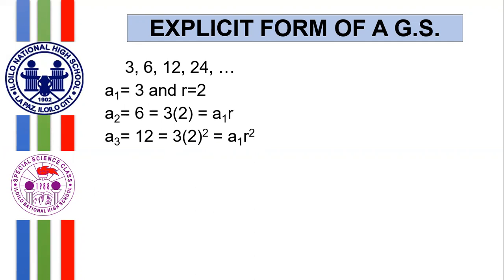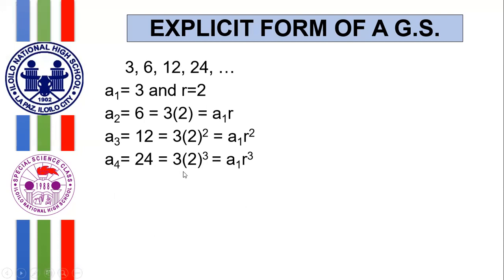If you have the fourth term, which is 24, from the first term, how many times did you multiply the common ratio? You have times 2, times 2, times 2. You multiplied the common ratio thrice. Hence, I express 24 as 3 times 2 cubed.